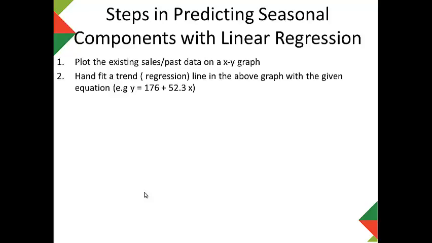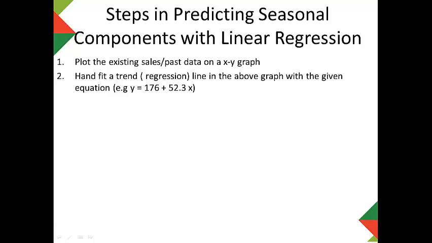And if it's a question in the exam, you'll be given an equation like y is equal to 176 plus 52.3x. So you'll be required to hand fit that equation on your graph, which is simple. Just start your line from 176 on the y-axis because it's the y-intercept, and then extend it between the points which are already on the graph.